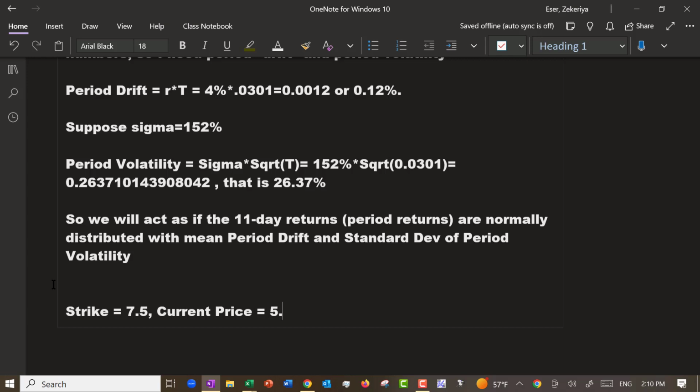Current price is $5.90. That is a return of 7.5 divided by 5.90 minus 1, 27.12%.